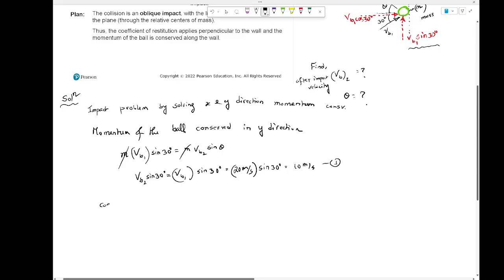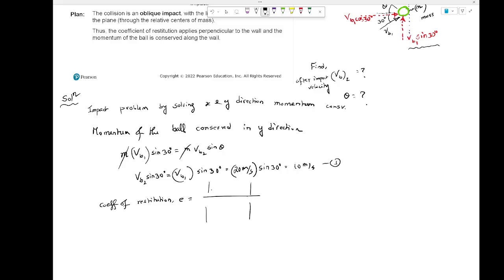The coefficient of restitution e should be written as, now here's the trick, you always want to use the modulus or absolute sign. If you have a negative value, it will take care of it, because e should always be positive. So the difference should be a modulus, or absolute value, or positive.